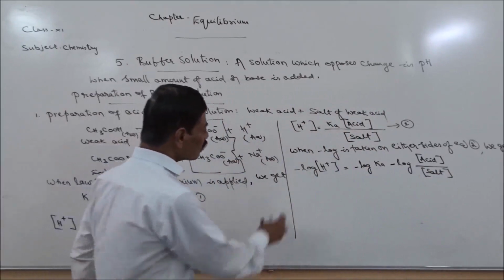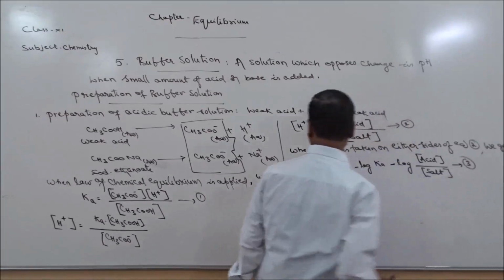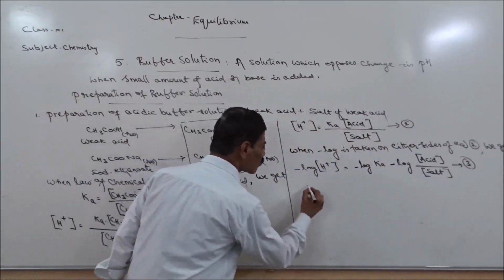Right. In this equation, let this be equation number 3. Minus log of H+, or negative logarithm of H+ ion concentration, is equal to pH.